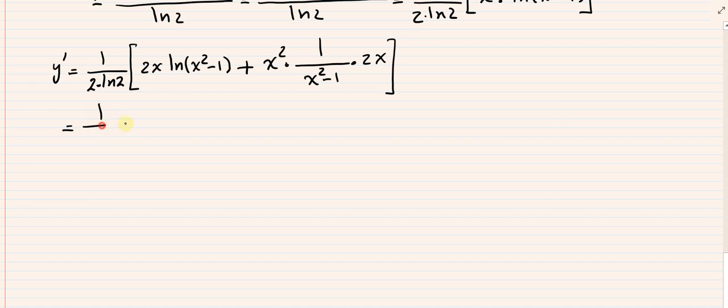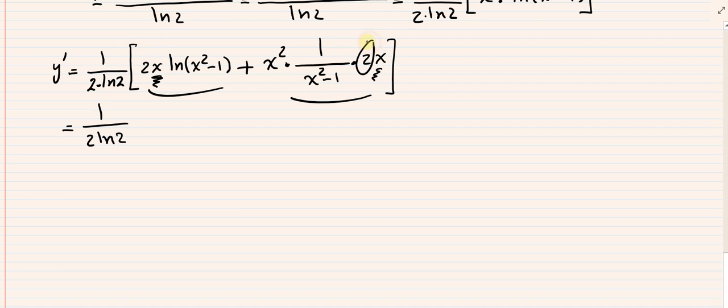And let's see, next, here's 1/2 ln of 2. Let's see, what can we do here? Okay, I can actually factor an x out of these two expressions. There is a 2 as a factor in both of these terms, and there's a 2 as a factor in the denominator in front.